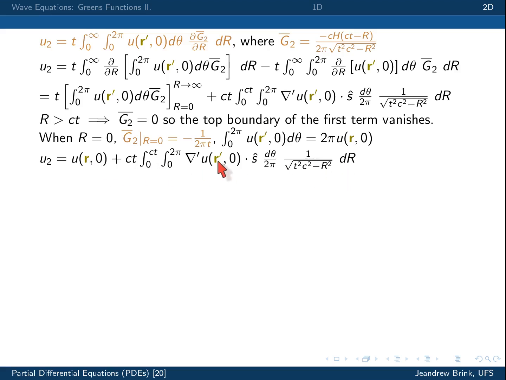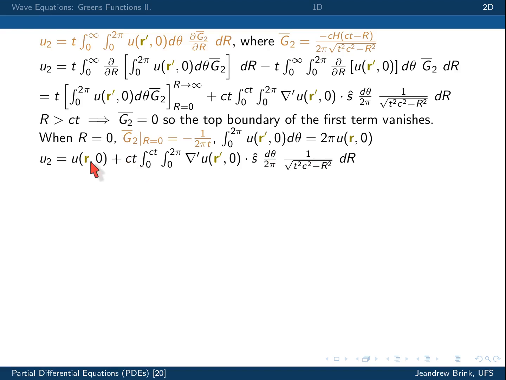The second term I'm also now going to look at, and I've just rewritten it. In fact, I've changed nothing from this point to over there. It's evaluated over the whole domain from 0 to CT. But it's now a sort of angular average of the gradient times this other strange factor, multiplied by CT, which is its radius.